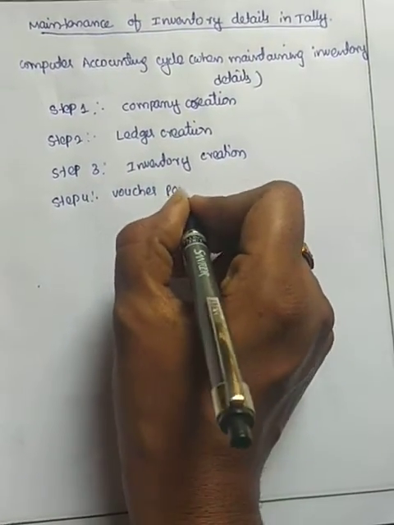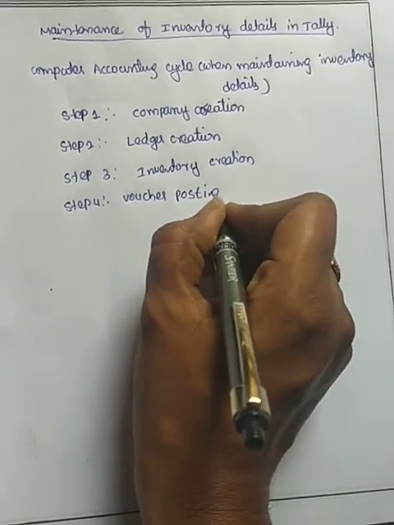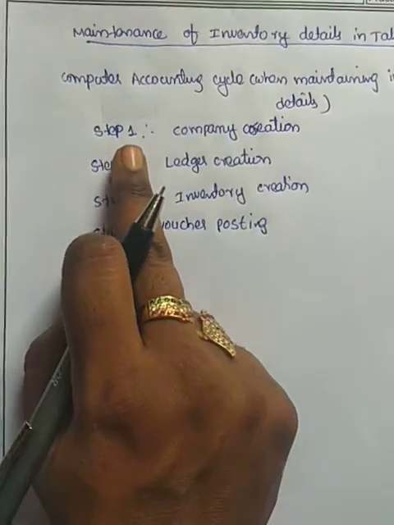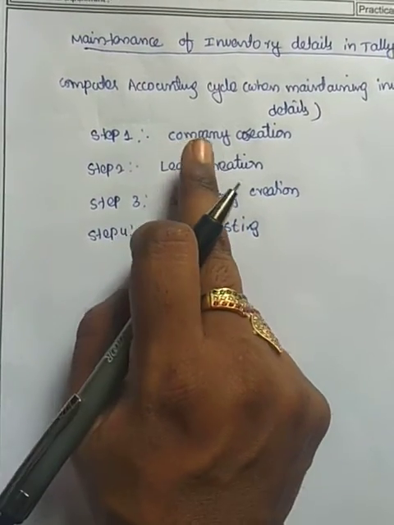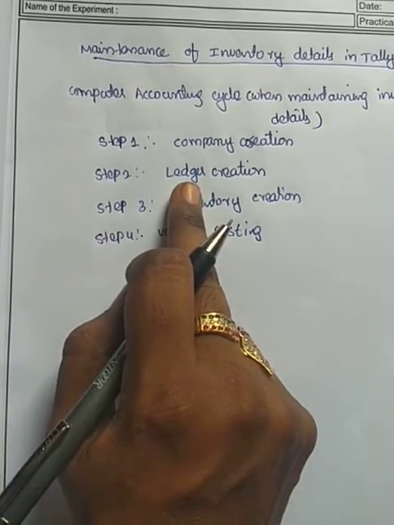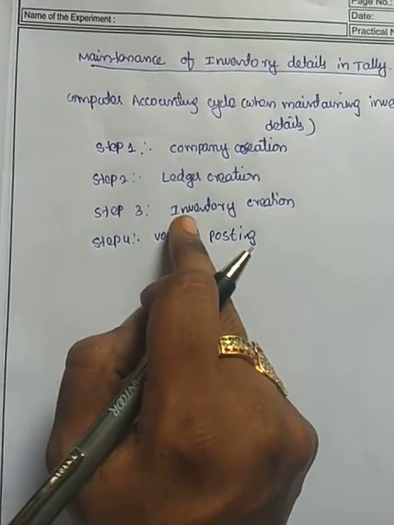Voucher posting. Here the first step is creation of a new company. Next, after that we have to create the ledgers. Then step 3 is inventory creation.